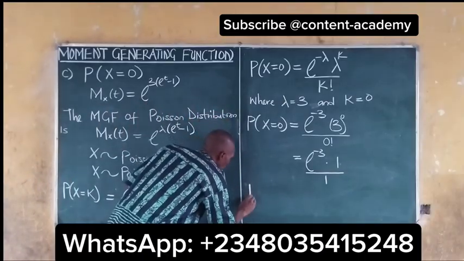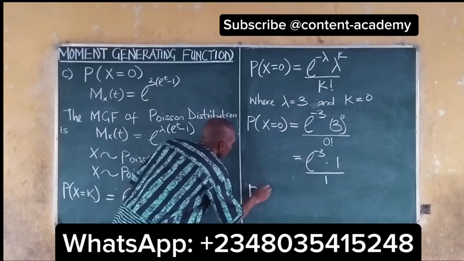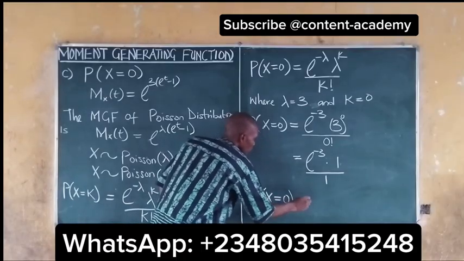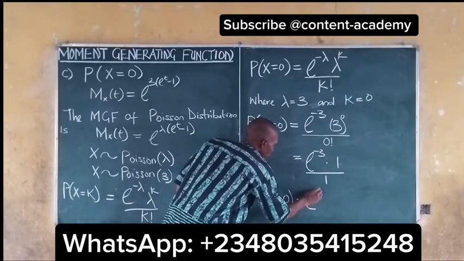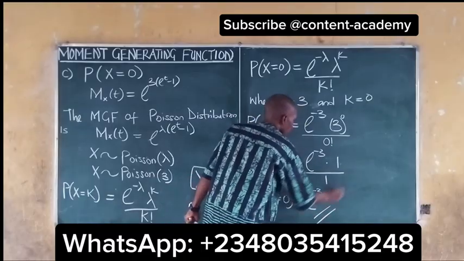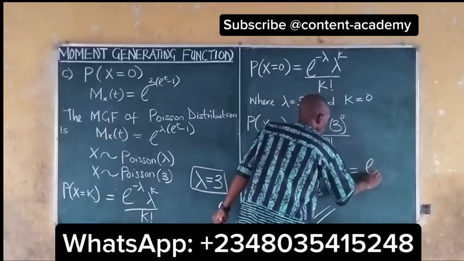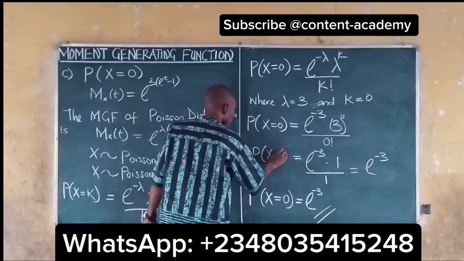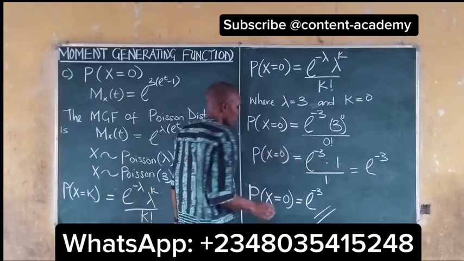Therefore the probability of x equal to 0 is equal to exponential negative 3. So this is the probability of x being equal to 0.